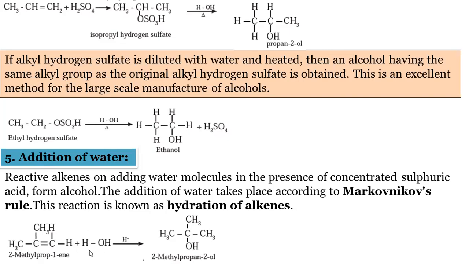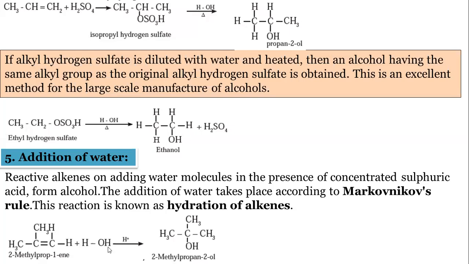So addition of hydrogen, again, always takes place according to Markovnikov's rule. Hydrogen, a single hydrogen having the plus charge, and this OH having the negative charge. So according to the rule, OH gets attached to the carbon atom which has fewer hydrogens. So in case of this 2-methylpropene, this carbon does not have any hydrogen, but this carbon has two hydrogens here.